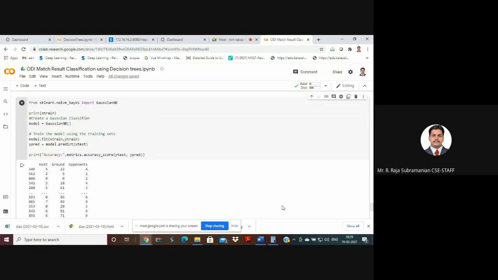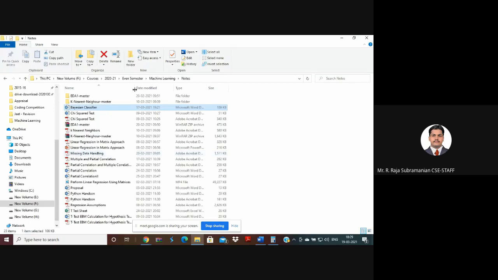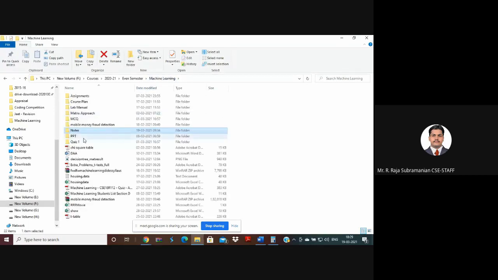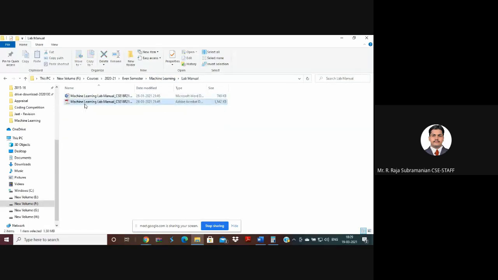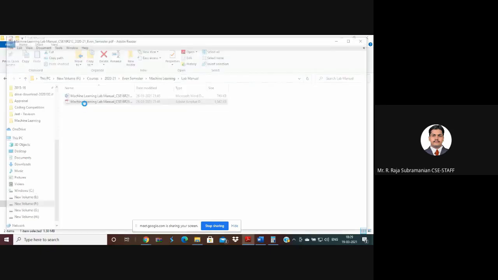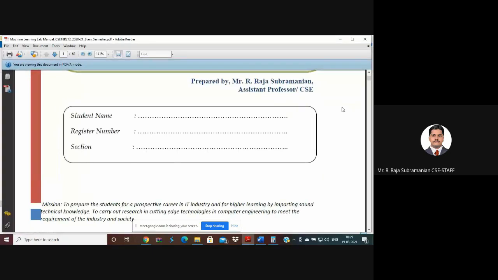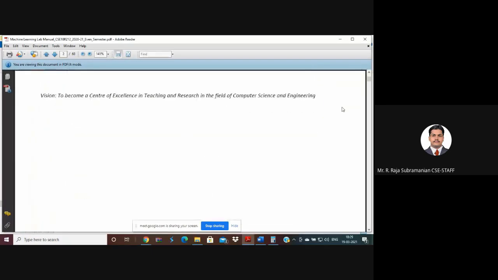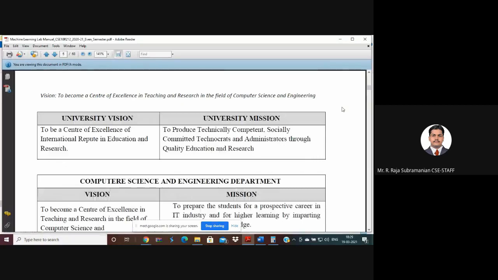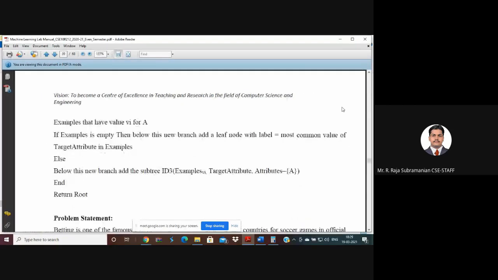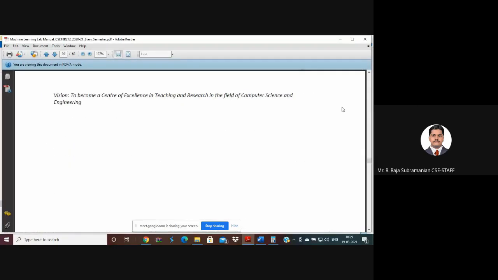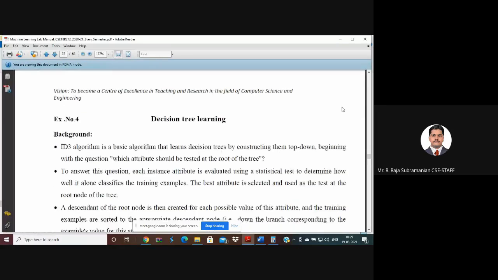Now I want you guys to include this particular cell data also in your decision tree Colab exercise. And this is actually our next exercise also, I hope. I'll open our lab manual. This is the decision tree exercise over here.